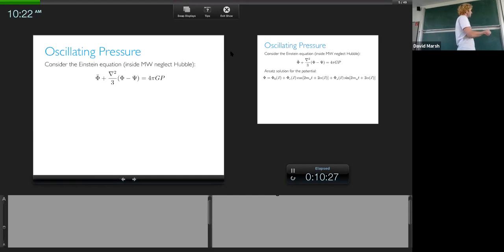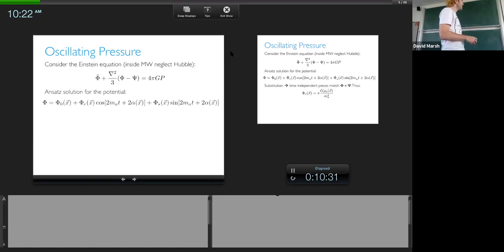From this, we can now solve for the time variation of the metric potential. We make an ansatz that the potential has a leading order time-independent piece, which is the solution to the Poisson equation, plus a sine and a cosine oscillating piece with phasors.